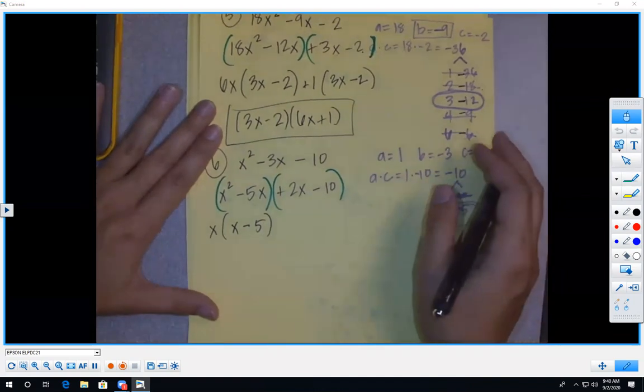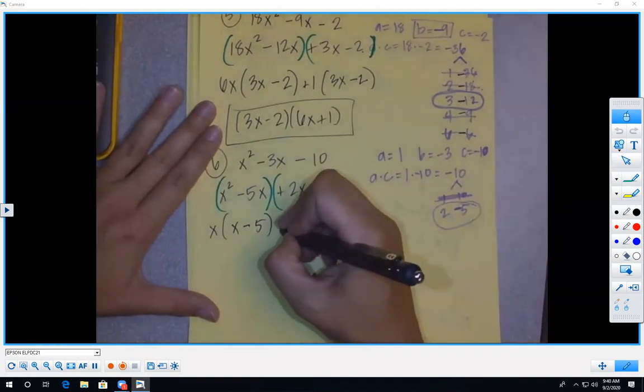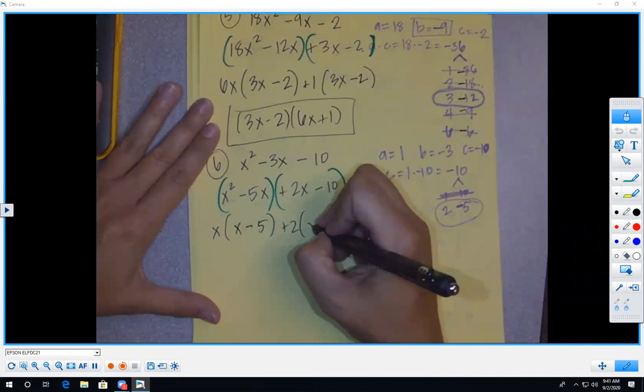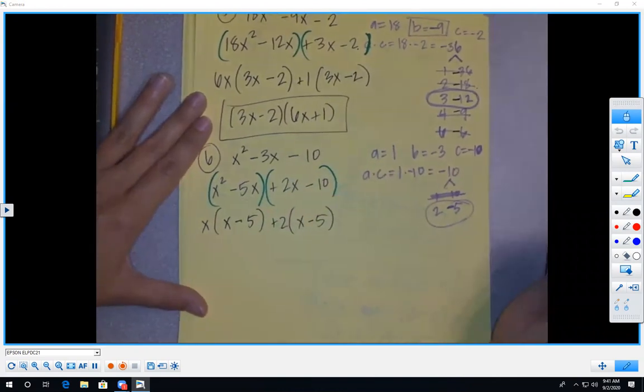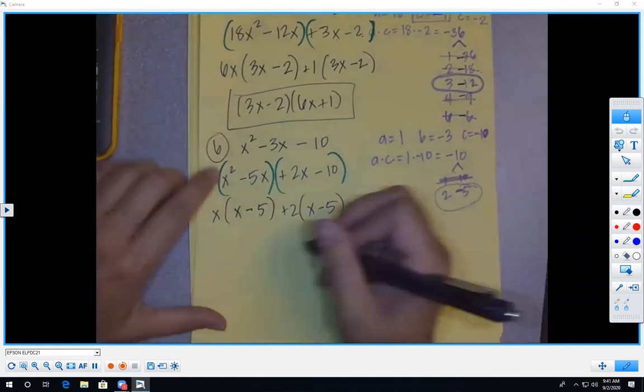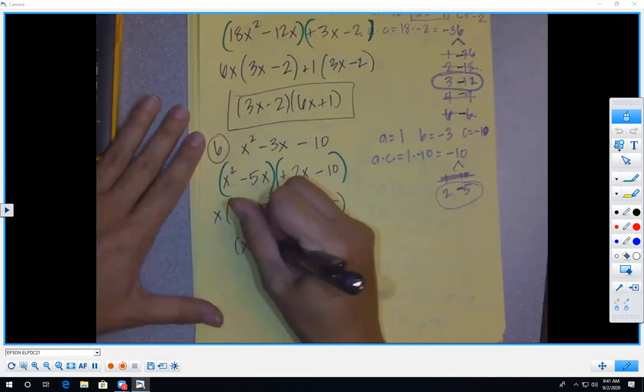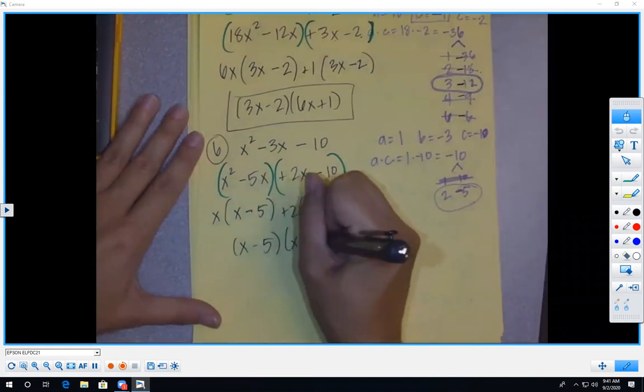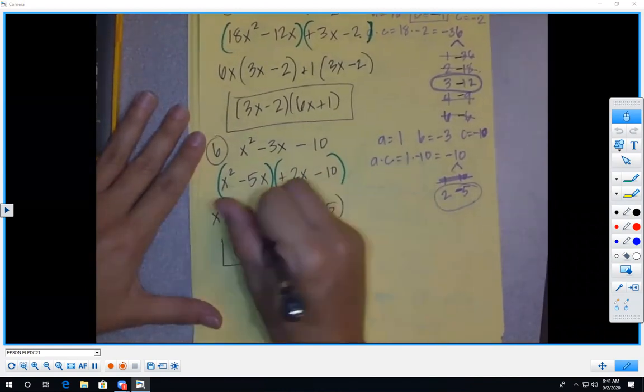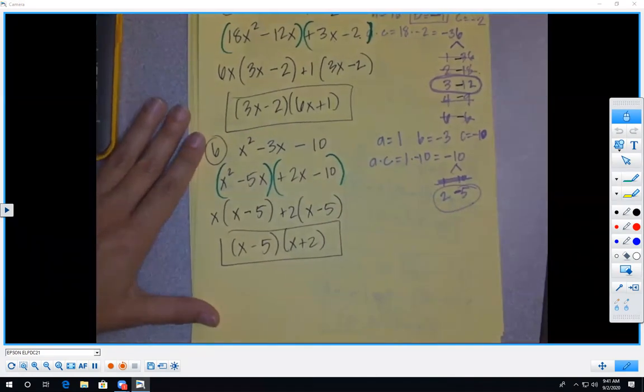What's the GCF there? 2. I'm going to pull out a 2. Left over is x minus 5. And then my GCF now is x minus 5. Left over is x plus 2. And that's the answer. Questions about that?